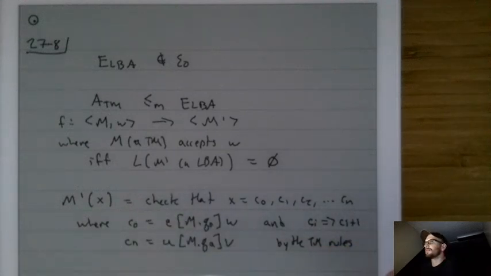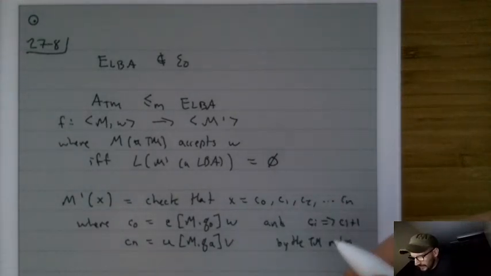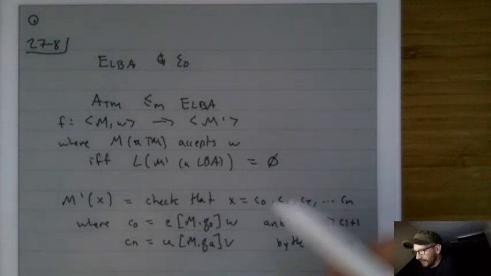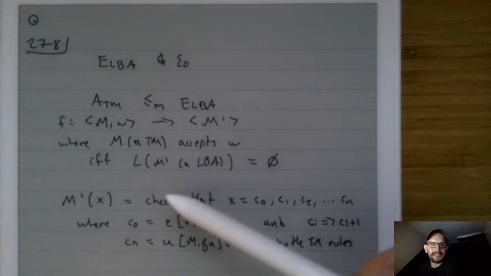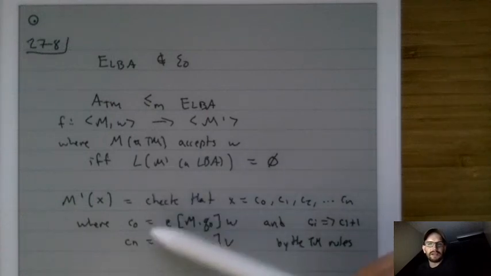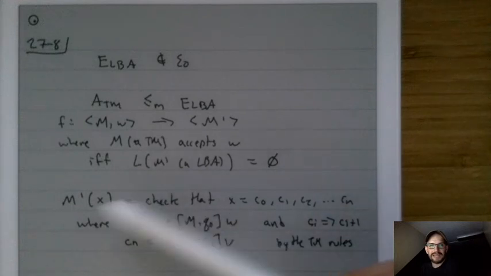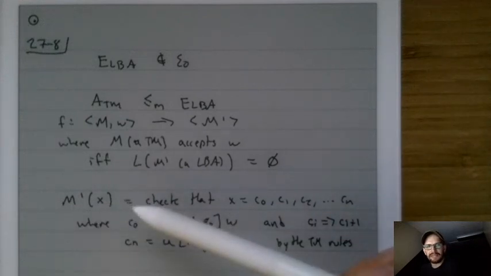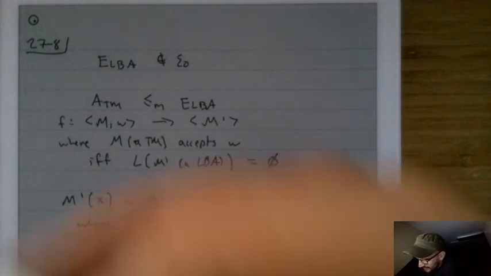So I think what we need to do is, this is a little bit wrong, because this thing right here will only accept valid traces, which means that M' is empty when M does not accept W.